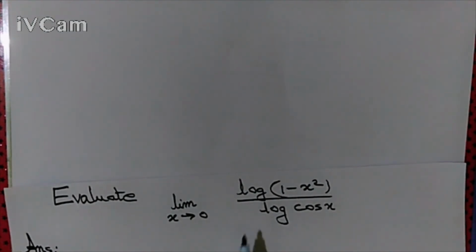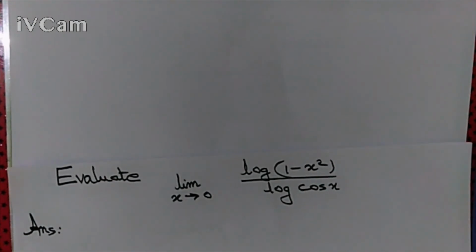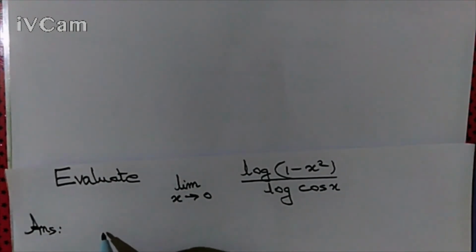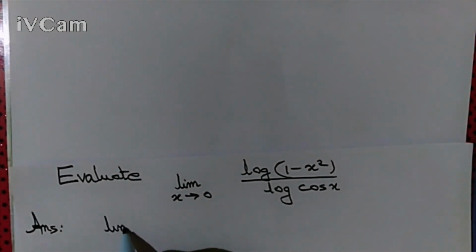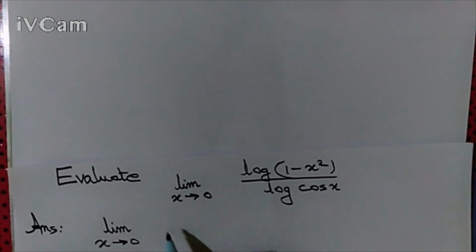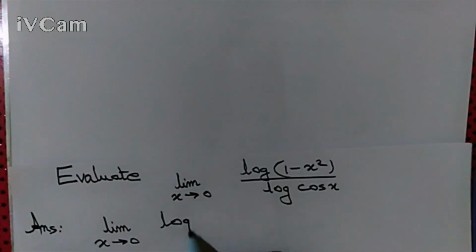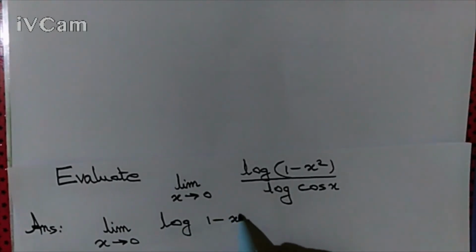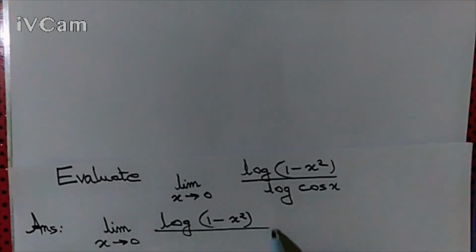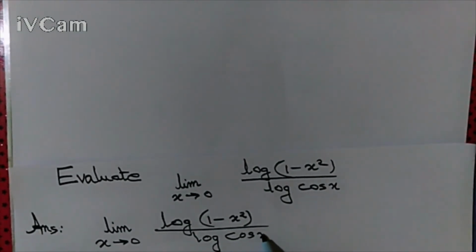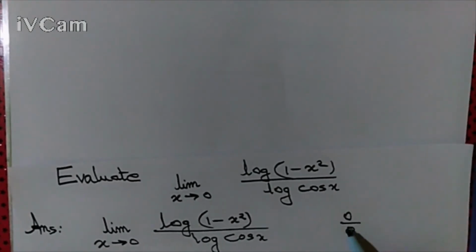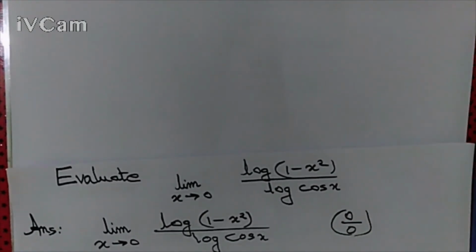So the expression is of the form 0 by 0 form. So limit x tends to 0 log of 1 minus x squared divided by log of cos x. First of all, we observe that it is of 0 by 0 form.